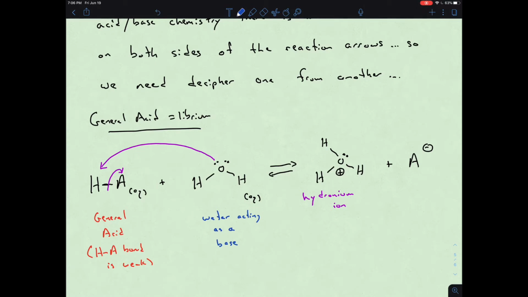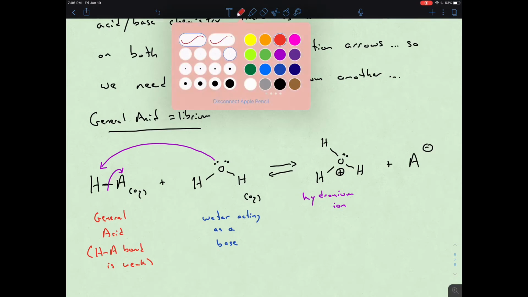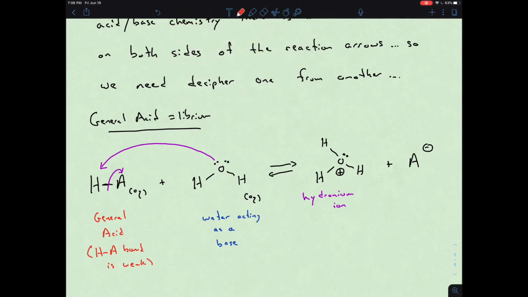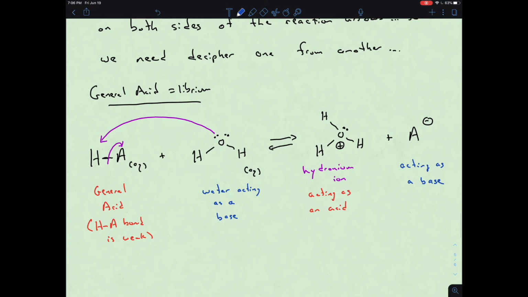Now, if we think about going the other direction, we now have the hydronium ion acting as an acid, and we would have A minus acting as a base. So you can see we have acid and base on both sides.